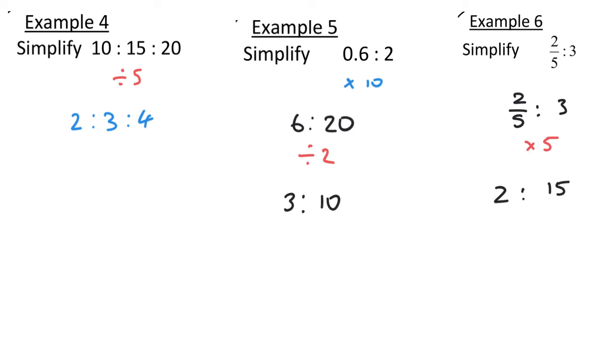Now just to explain what we're doing there in a little bit more detail, if we've got 2/5, what we're really doing is multiplying it by 5, and we're multiplying 3 by 5. So similar to equations, what we need to do is multiply both sides by the same thing. So here we're multiplying both by 5. Now on the left, we've got 2/5 multiplied by 5, a fraction multiplied by a whole number. To do that, we'll put the whole number over 1, and we'll see where we can cancel.